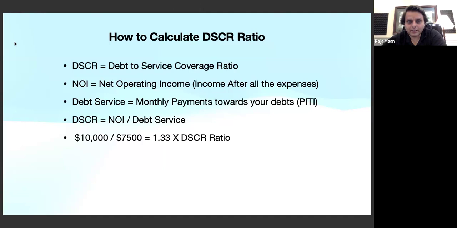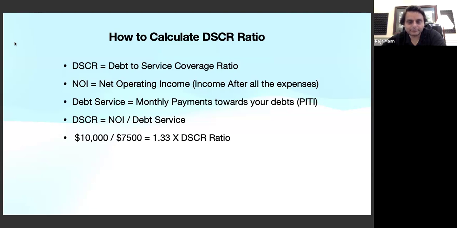The debt service is the mortgage payments toward the debt you're obtaining right now, not the previous one. If you are borrowing $1 million today, we calculate based on the rate you're getting on that loan, and your mortgage payment of principal, interest, tax, and insurance. That becomes your debt service per month.